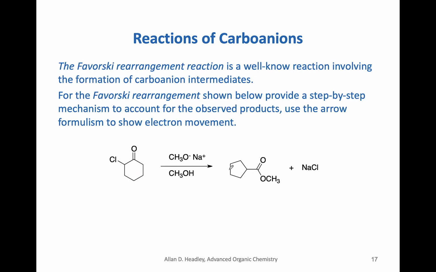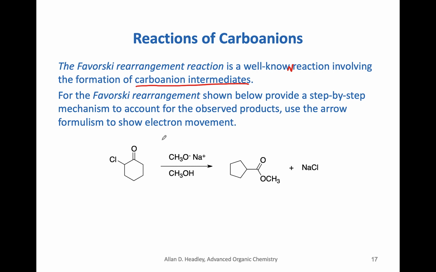Let us conclude by looking at a well-known reaction. It should be an N; I'll correct that before I post the slides. The well-known reaction here is the Favorskii reaction. It proceeds through carbanion intermediates.